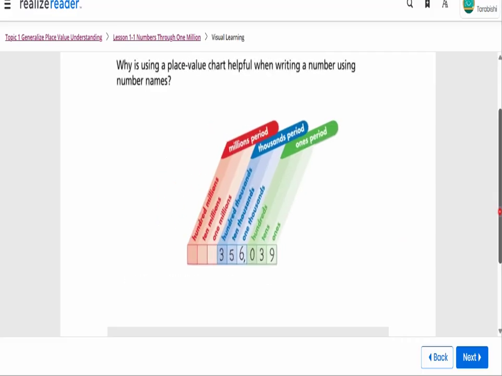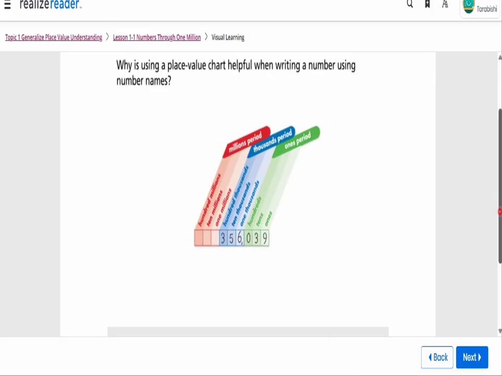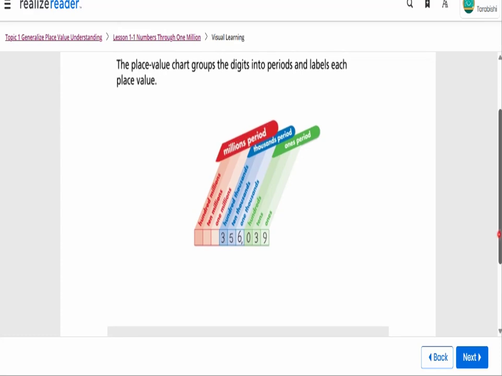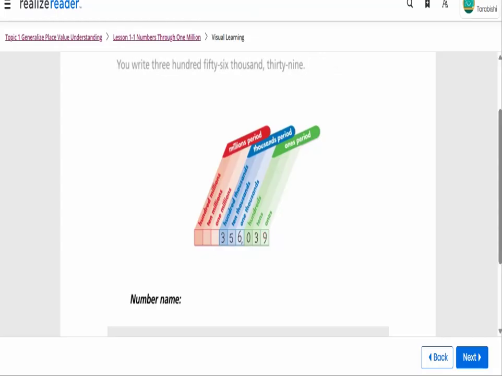Why is using a place value chart helpful when writing a number using number names? The place value chart groups the digits into periods and labels each place value. Use the place value chart to write the number name for 356,039. You write 356,039.